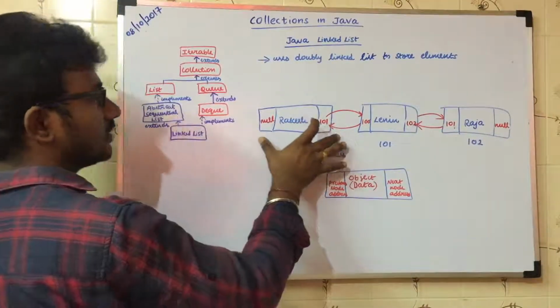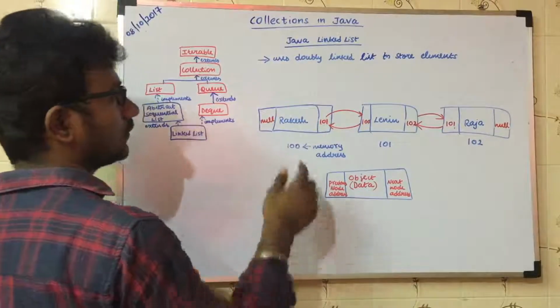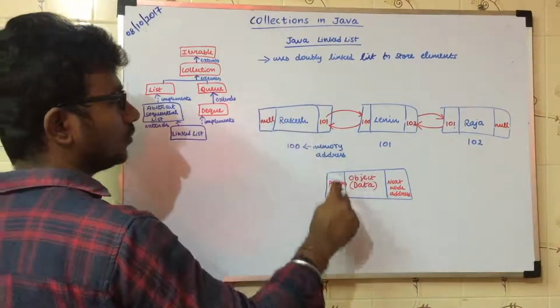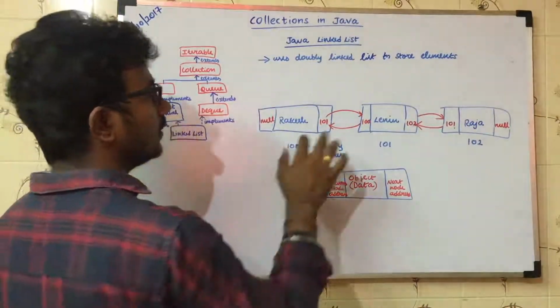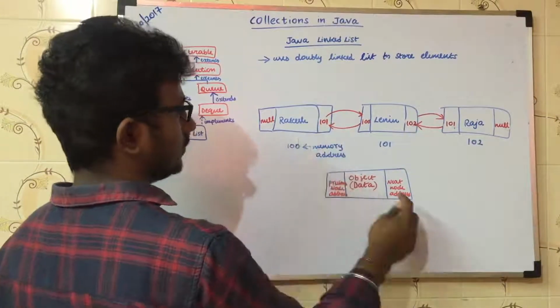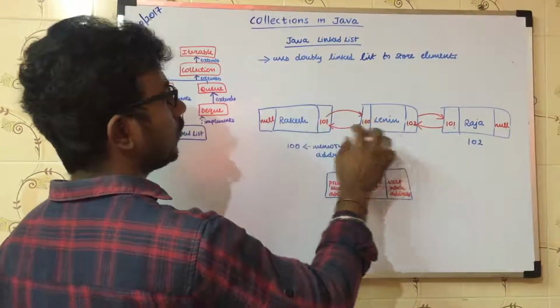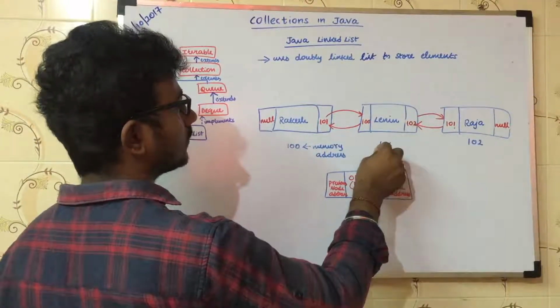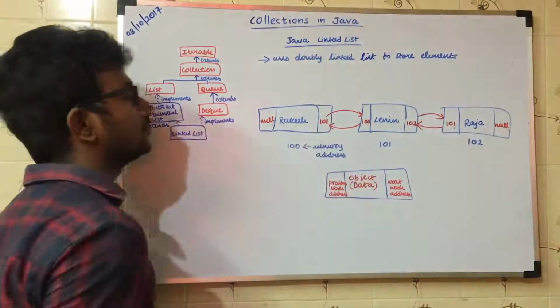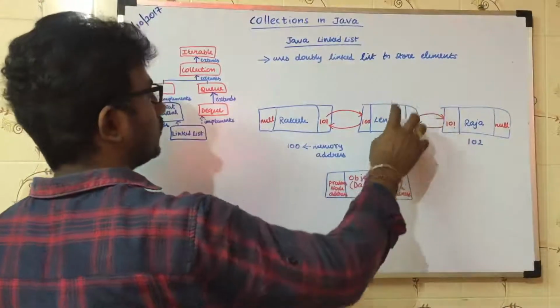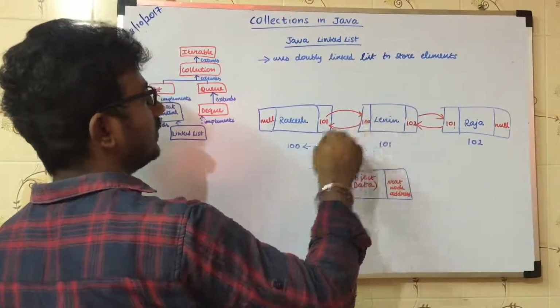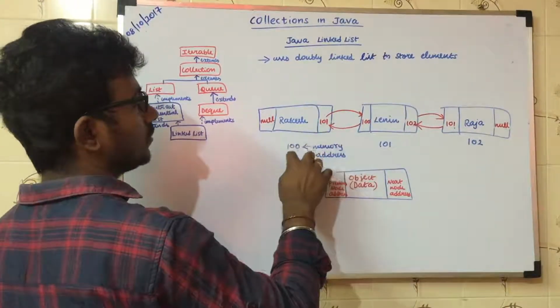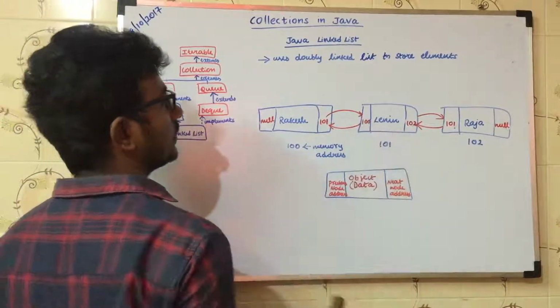Since this is the first node, there is no previous node for Rakesh, so the previous node address would be null. The next node address for Rakesh will be 101 because the next node is Lenny. The Lenny address is 101, so 101 will be present here. When we consider the second node, Lenny, the previous node address is 100, so that would be present here.